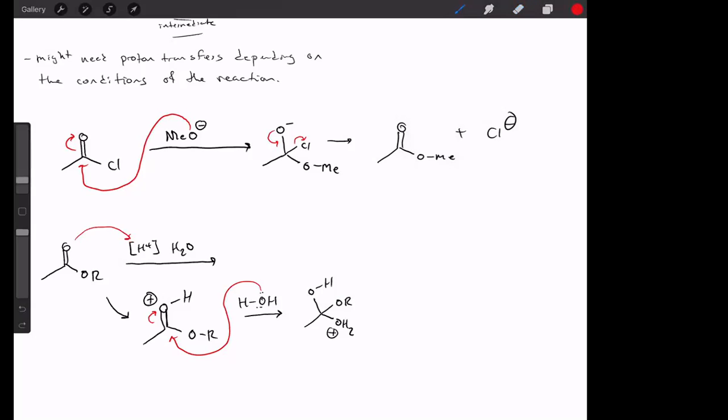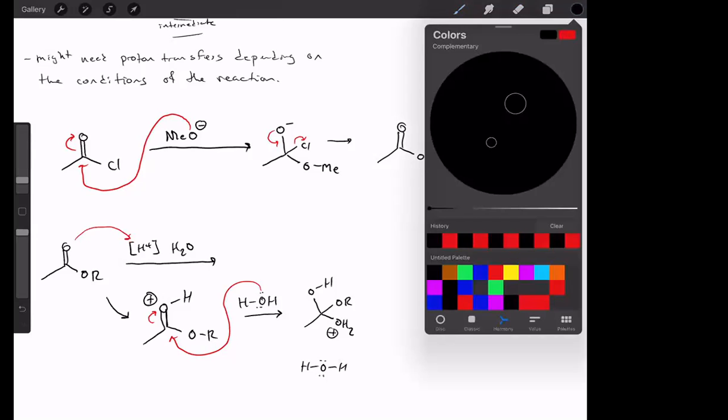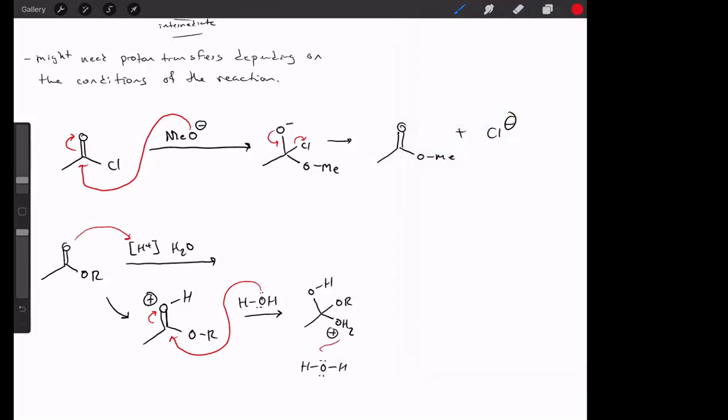Now, I could do a proton transfer and protonate the OR group, but if I were to protonate the OR group, then I would end up with a species that has 2 positive charges, and that's highly unstable, so that's not going to work either. So the first proton transfer I need is the one that's going to neutralize the water that's already attached so that I can form something that's neutral.